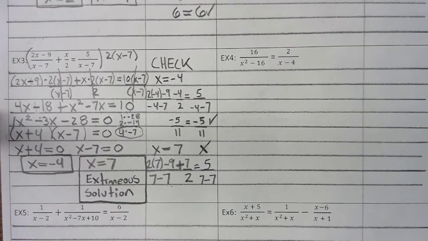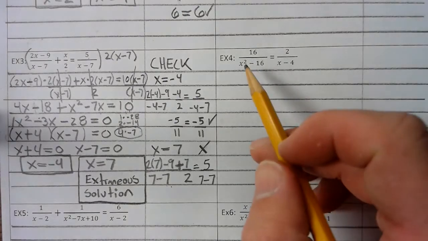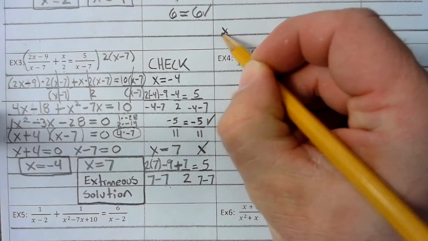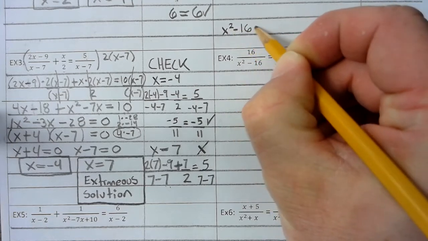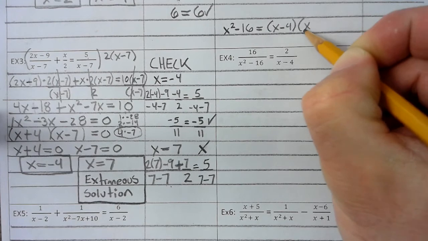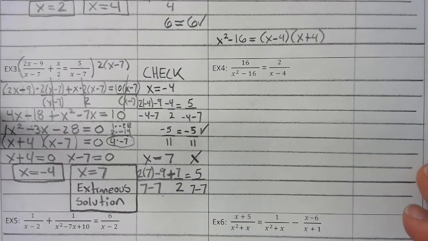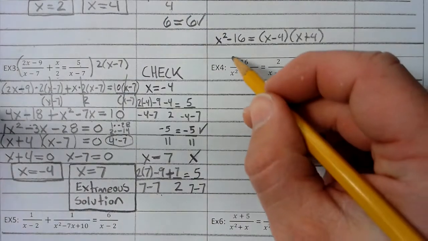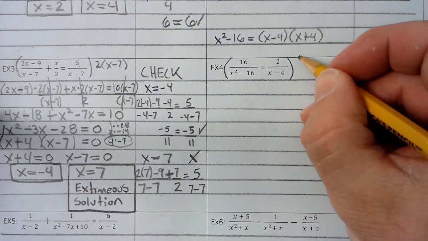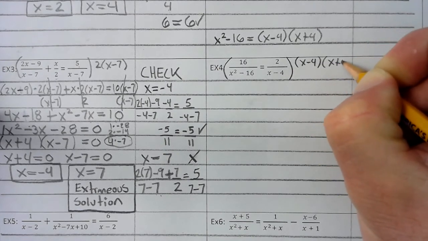All right, so now let's take a look at example 4. Here, it's important to note that x squared minus 16 can be written as x minus 4 times x plus 4. Okay? So that means we're going to multiply both sides by x minus 4 times x plus 4.